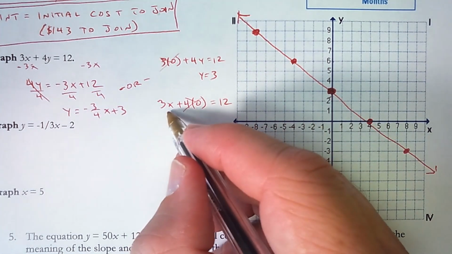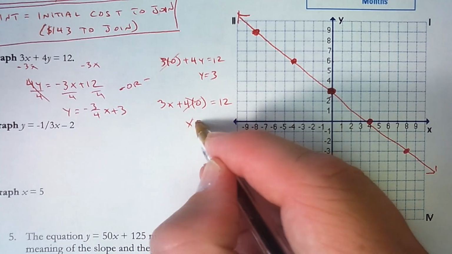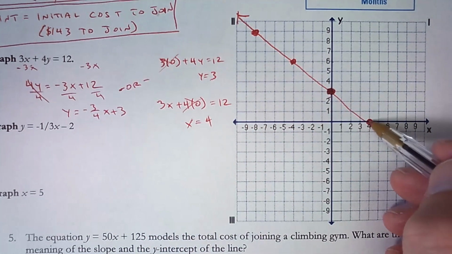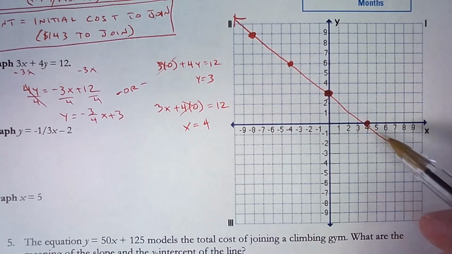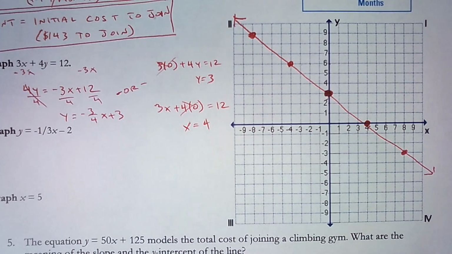So I've got 3x equals 12, and when I divide both sides by 3, I get x equals 4, and that gets me the x-intercept. From there, I still have to count down 3, right 4. I have to count that slope and then continue that slope in both directions. Okay, so two different options to do the same thing.